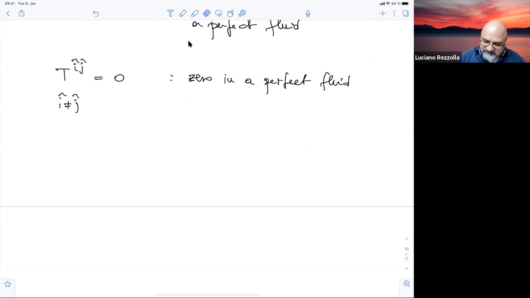And the last piece, which I haven't said, is Tii. And I also give a letter to this quantity. So this is the momentum flux, the ith component of the momentum in the ith direction. And I call this isotropic pressure.